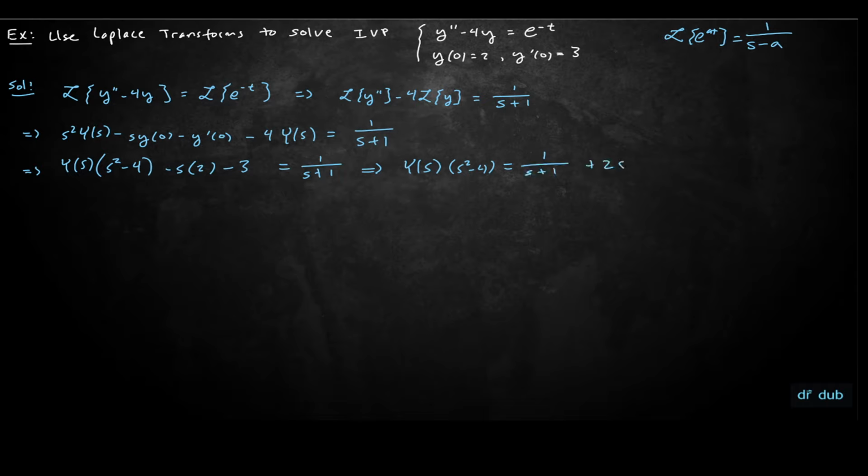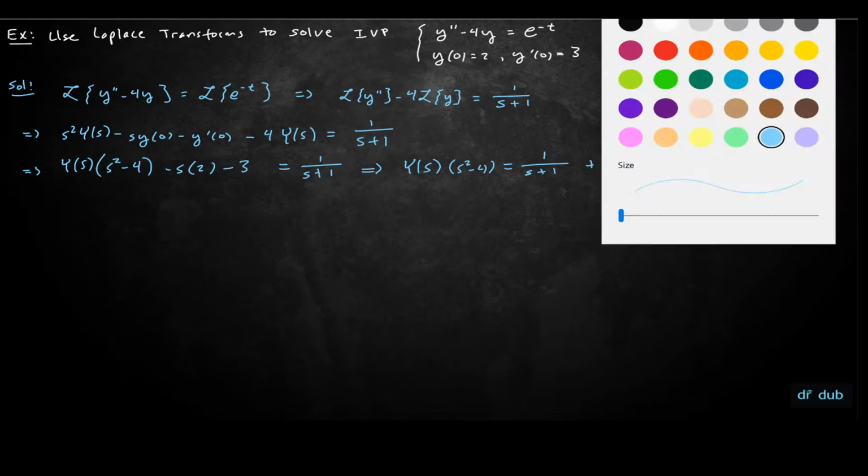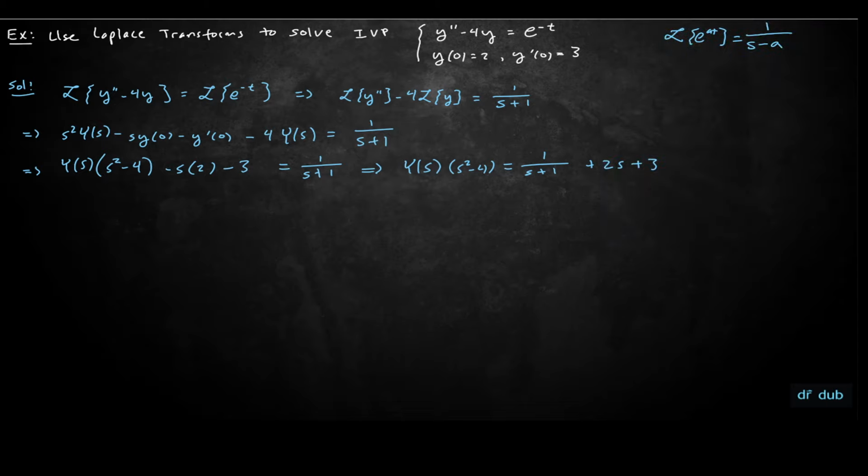plus 2s plus 3. Well, we actually need a common denominator on the right-hand side before we can add those together. So the common denominator here is going to be s plus 1. So we're going to have to multiply by s plus 1 to get a common denominator on the right-hand side. And then we can divide by s squared minus 4.